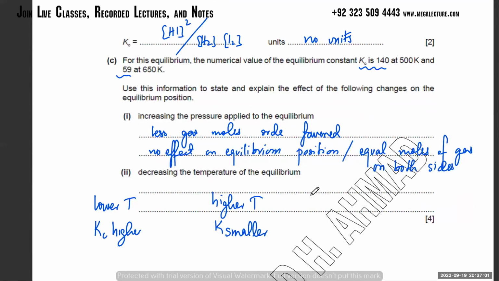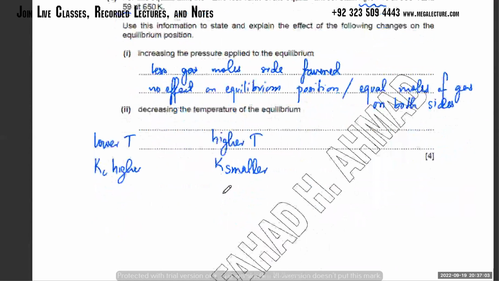Now, can you tell me what's happening here? If Kc is higher, do you have more products or more reactants? More products. It's already at equilibrium, initially we're just given the Kc.